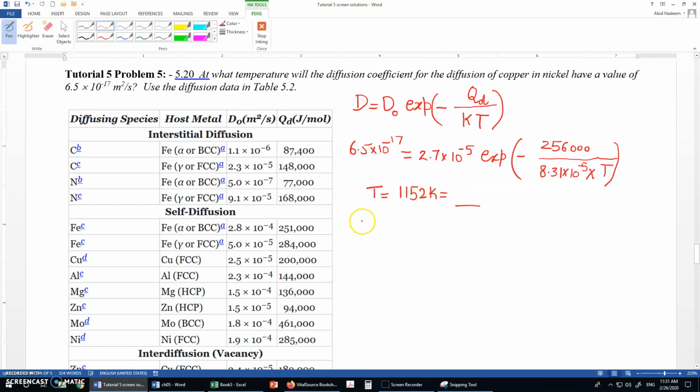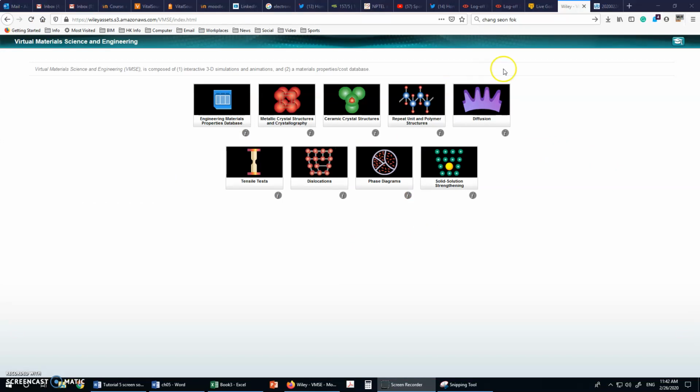The same problem can be solved by using the VMSE, Virtual Material Science and Engineering. It is a web page by Wiley. This is the web page of Virtual Material Science and Engineering, which you can search on the internet.